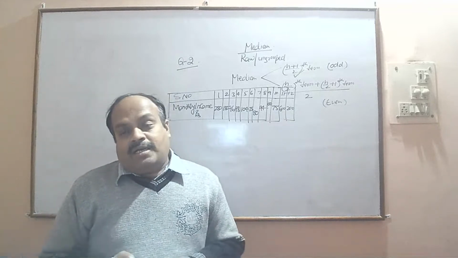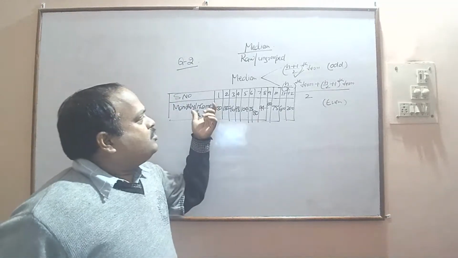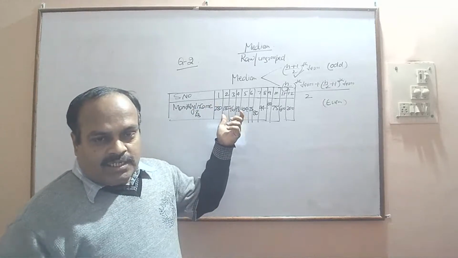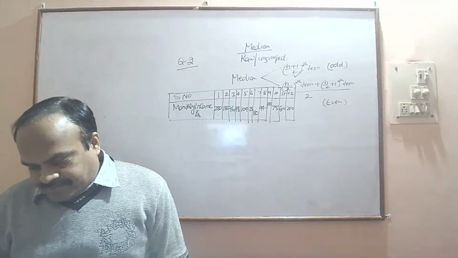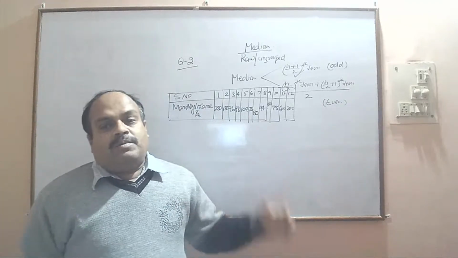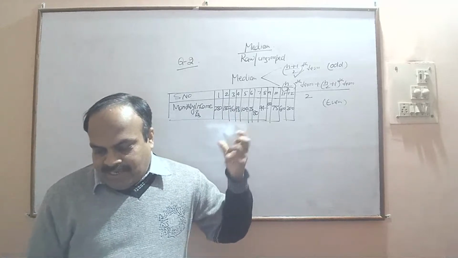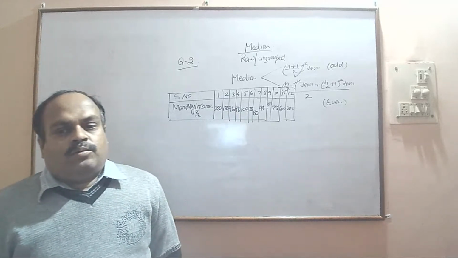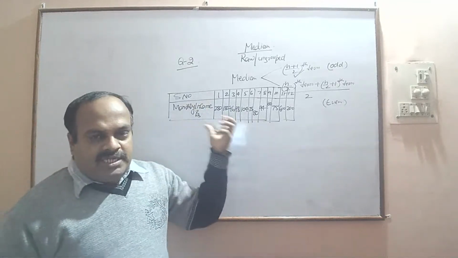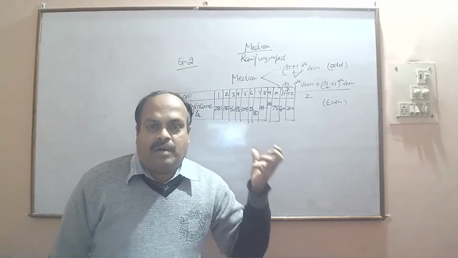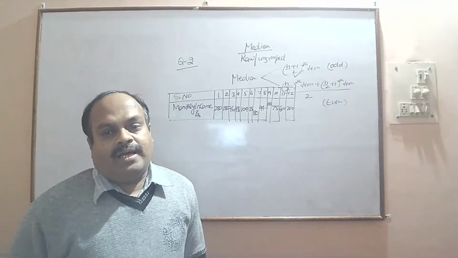Now tell me, my dear viewers, what should I do to get the median of this data? This table shows the income of 12 families. What should I do to get the middle term or median of this data? If you know, you can reply.